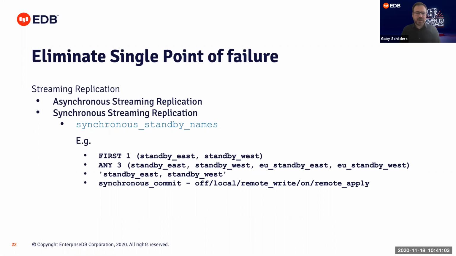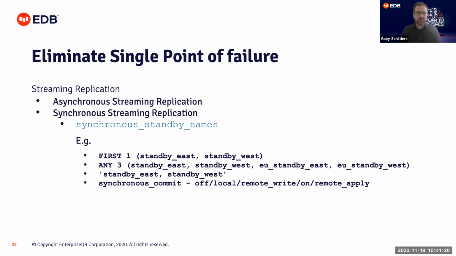So what we've done is allowed you to create a way of having these systems, having multiple replicas and stating, I want to make sure that at least one of them has received the information and then you may continue.